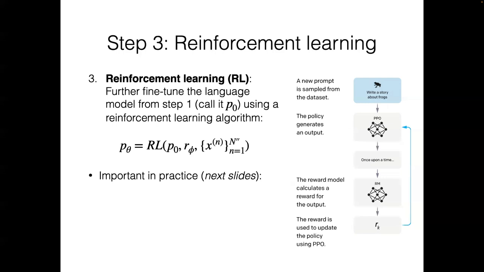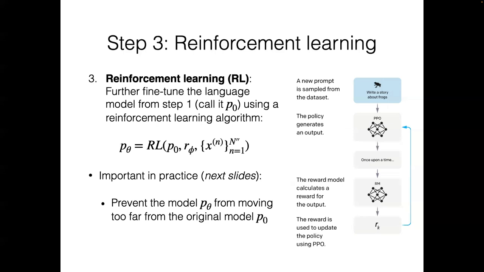So the first thing that's important in practice, at least for this setting of tuning a language model to be a better chat assistant, is to somehow prevent the model from moving too far from the original model. This is often referred to as catastrophic forgetting, or it could be a form of reward hacking. So basically, what we have here is this reward model, which is a kind of imperfect neural network.